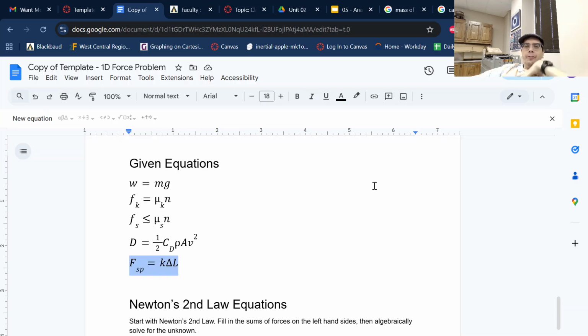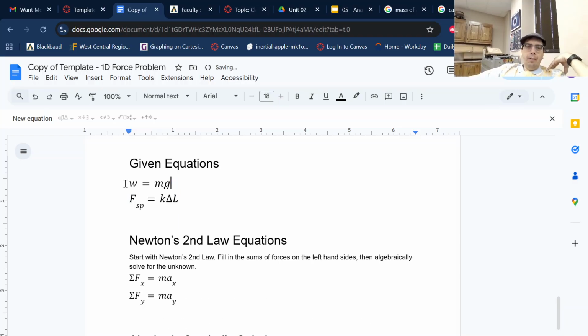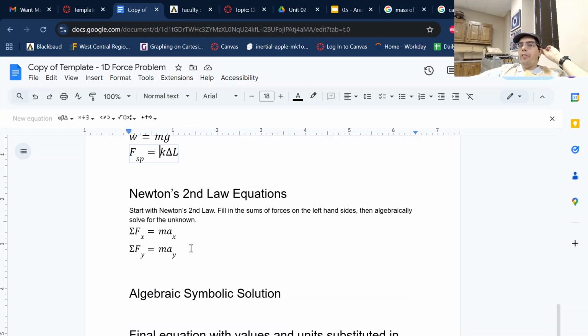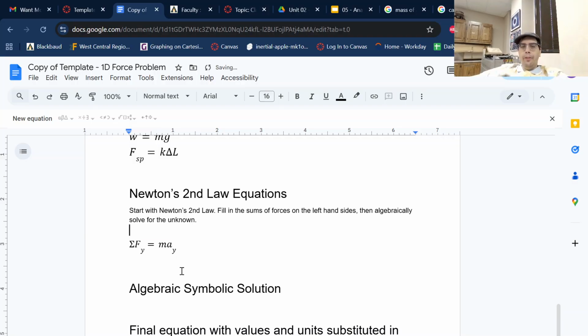And this we just very briefly touched on last time, which is the amount of spring force. So we're not going to need these 3 equations in this problem. We only need the weight and the spring force. And then we're going to start looking at Newton's second law. We're only dealing with the vertical direction, so we don't need the x one.